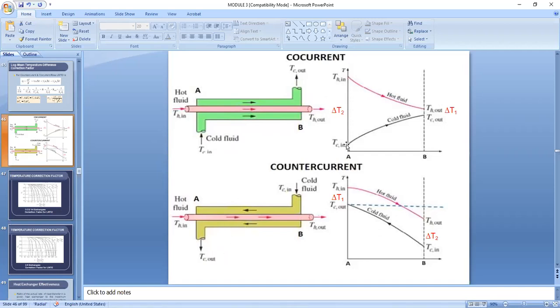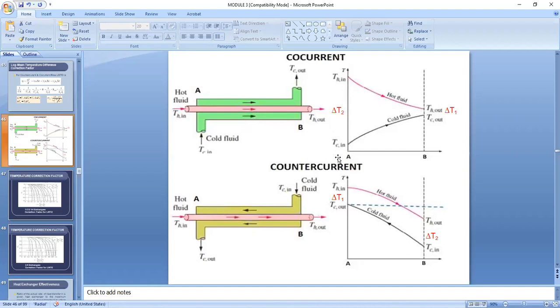What we have on the left side is the manner in which we draw the behavior of the temperature of these fluids. For the hot fluid, which we labeled as T sub H, this is its inlet temperature and this is its outlet temperature. We expect its temperature to decrease because it's being cooled down by the cold fluid.